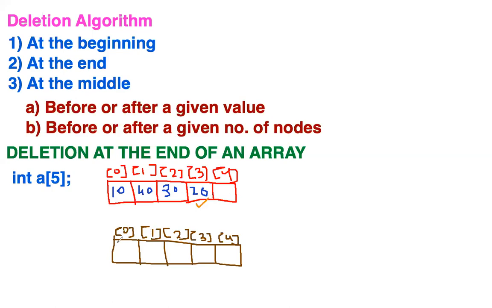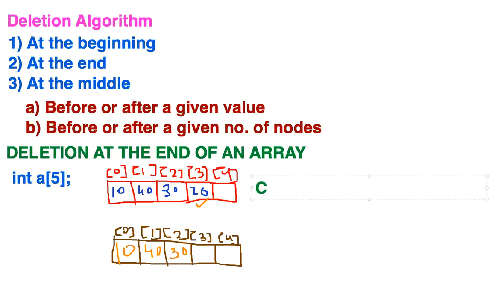We are not doing any kind of shifting operation. We are basically searching the whole list, reaching the last index and simply deleting that. Deleting means we are simply emptying that location, overwriting it with some zero or something. That means that space is not there.